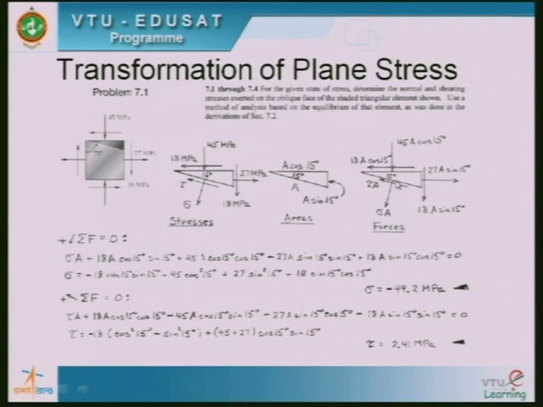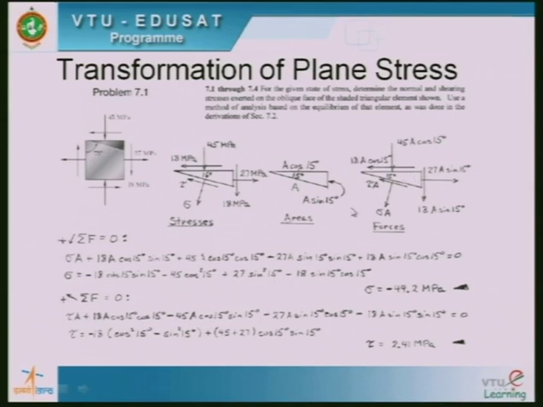When I resolve this along this, I get the sense to be opposite. So we have to take it as minus 45 A cos 15 degrees into sin 15 when I resolve this along that.